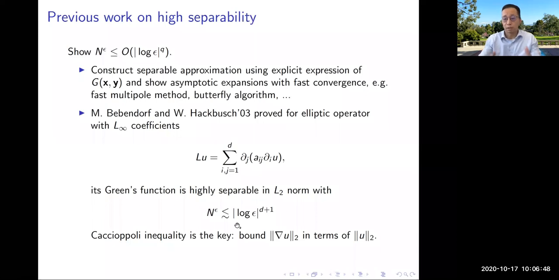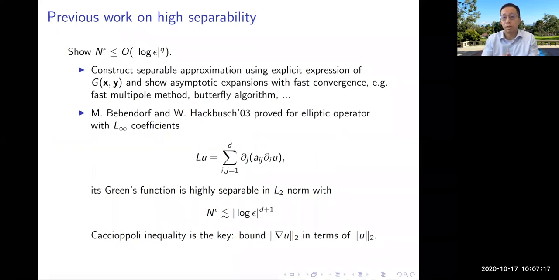So maybe the solution looks very wild for this multi-scale a_ij, but you have hope that the solution or the Green's function stays near a low dimensional manifold. Homogenization and such try to find that in an analytical way, but we can also do it numerically. It tells you it's highly separable.